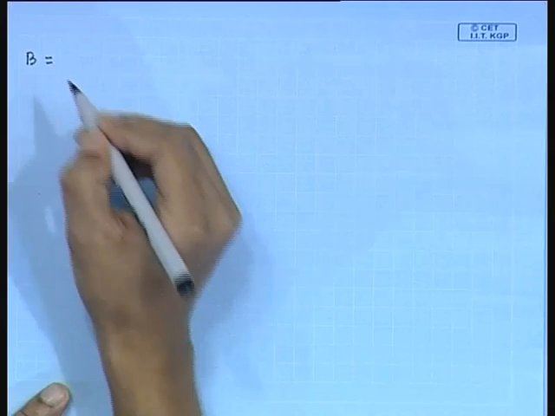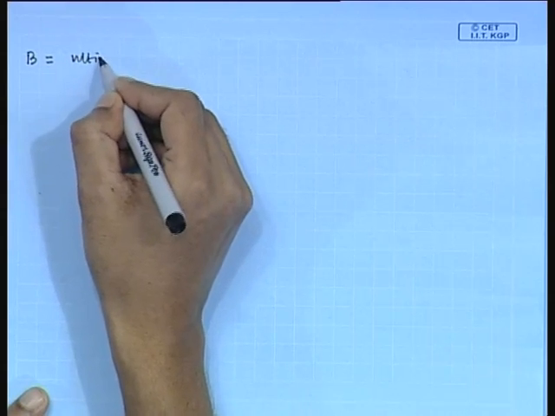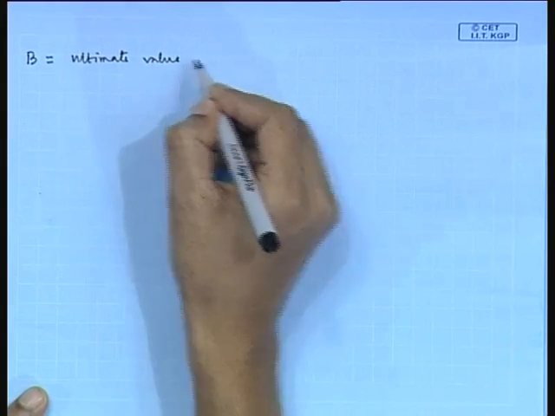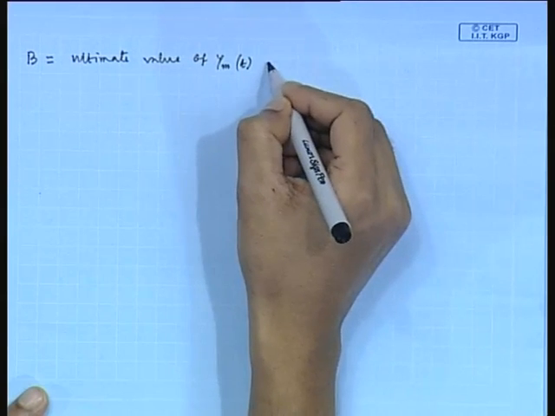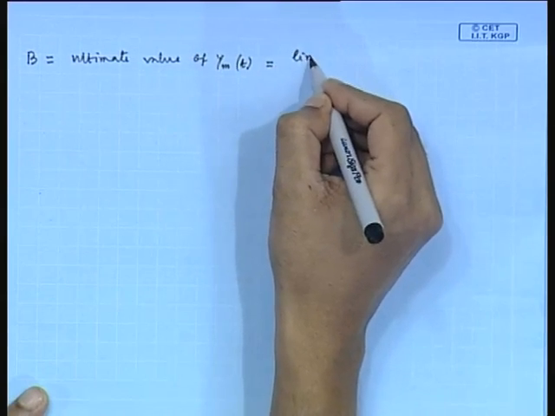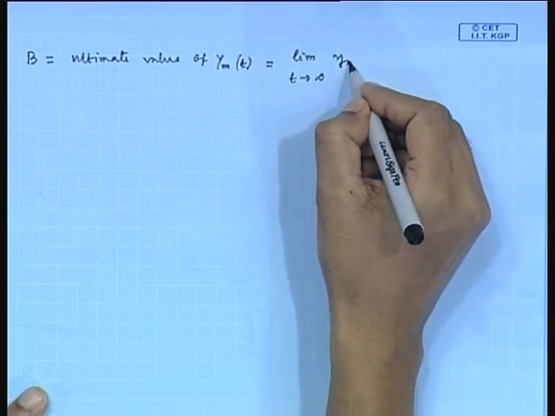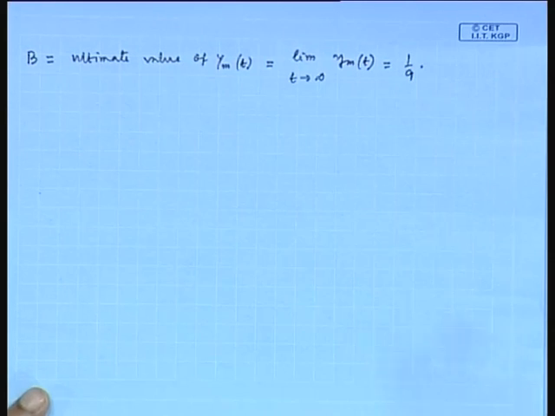We represent the ultimate value of Ym by B. So, B equals, how much do you calculate? Ultimate value of Ym(t), that is limit t tends to infinity Ym(t), 1 by 9.